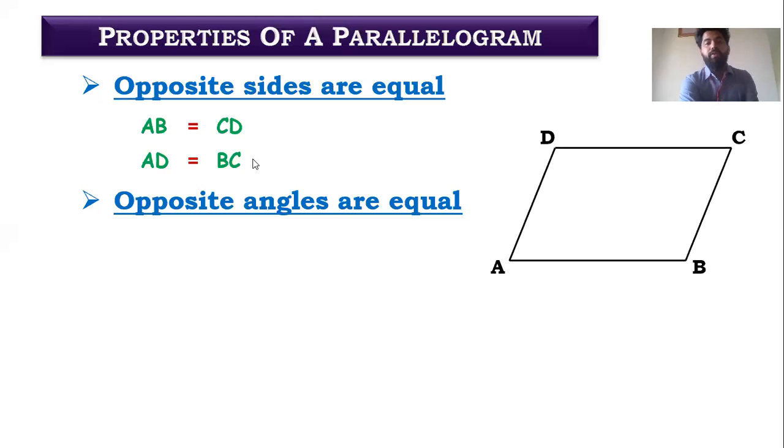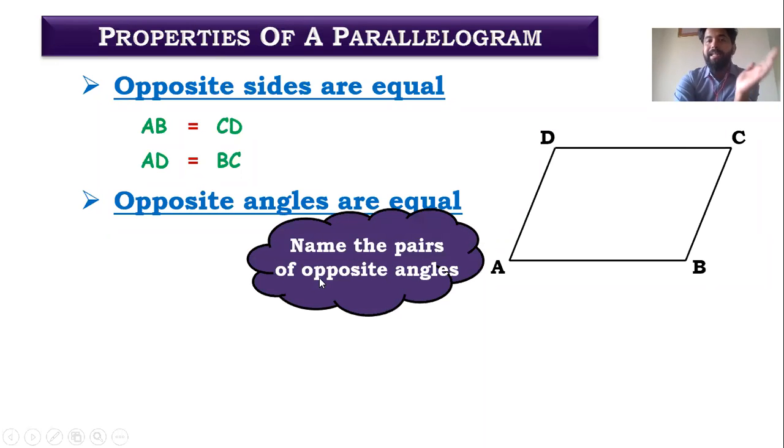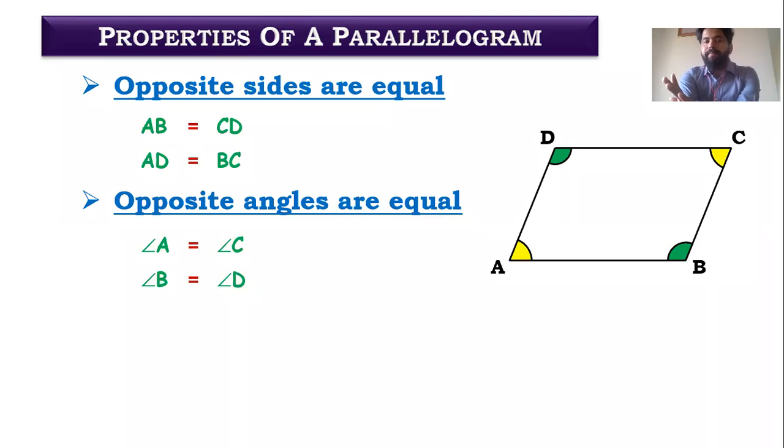So we know opposite angles are A and C and also B and D. The property states that in a parallelogram, the opposite angles are equal. So angle A will be equal to angle C and angle B will be equal to angle D.